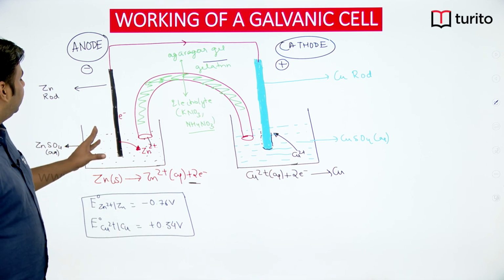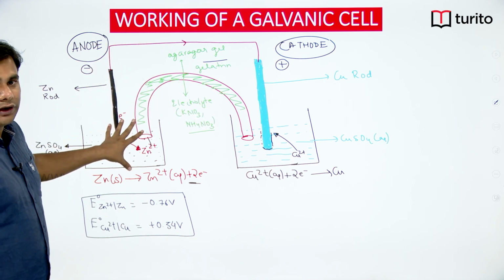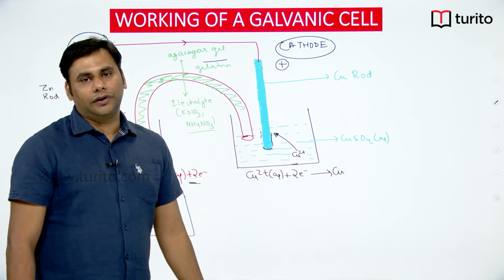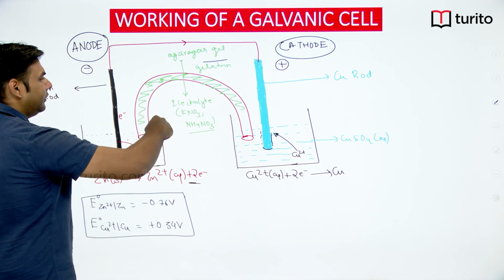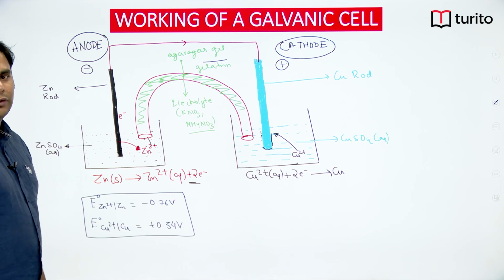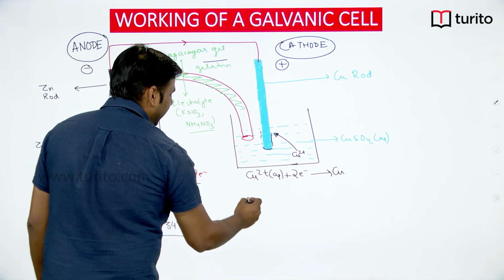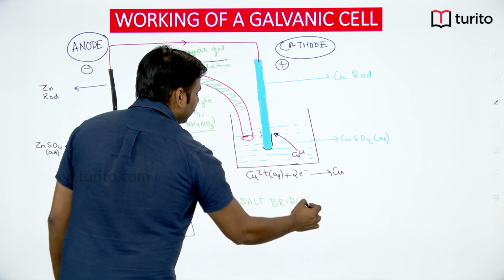The process was not complete because there was a development of excess positive charge over here and excess negative charge over there. So we connect them with a U-shaped salt bridge. The one shown in green is the salt bridge.